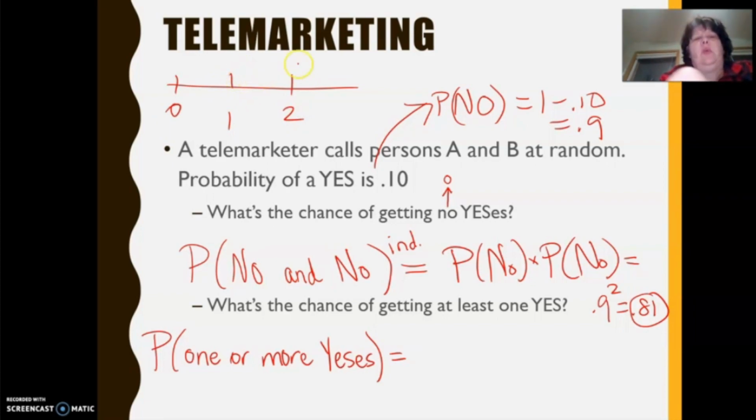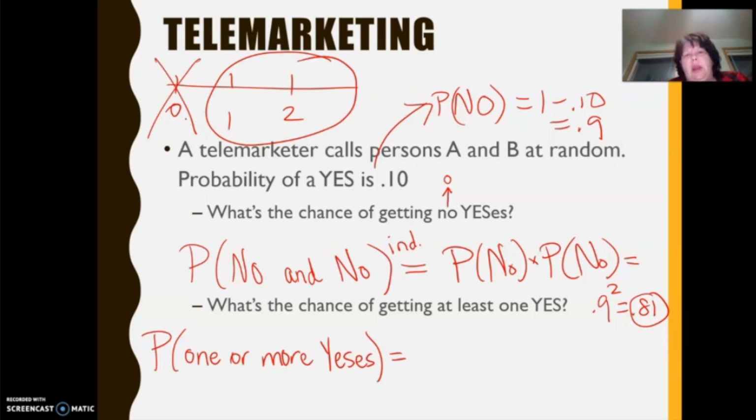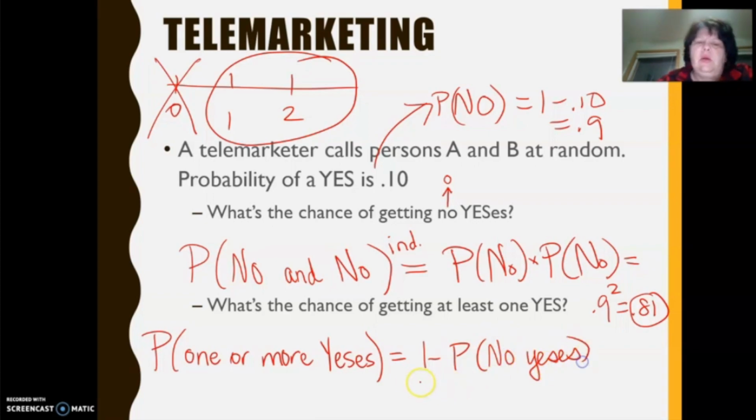You want the chance of getting 1 or more yeses, so you want this. You don't want this. But we just found that one out. It's 0.81. So this is 1 minus the probability of no yeses, which is 1 minus 0.81, which is 0.19. So that's a little bit exciting. It'll get more exciting when we extend this to more than one person, more than 2 people.